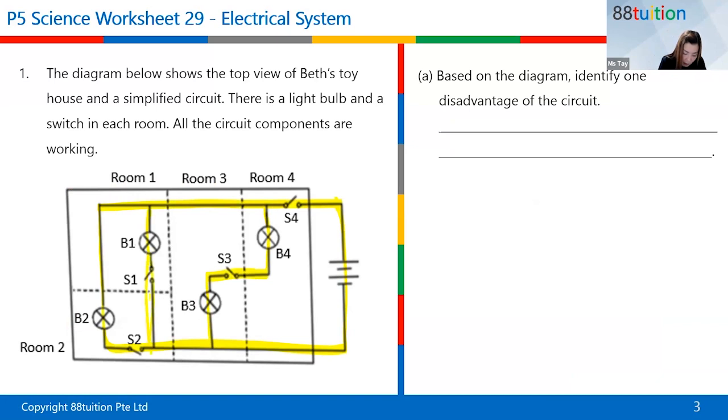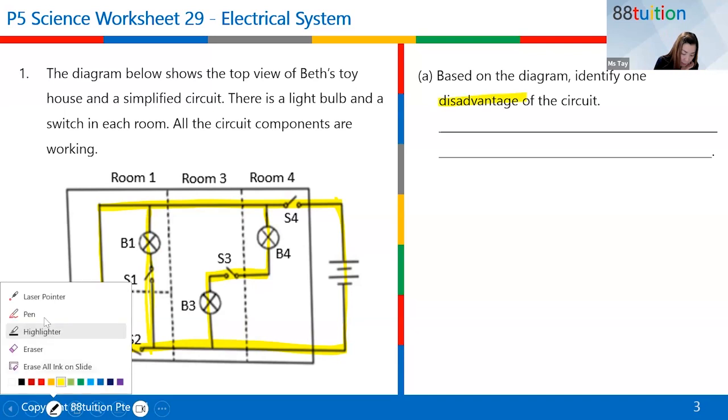The wires, the light bulbs, and the switches are connected in this manner. There are 4 rooms here. There will be 1 light bulb and 1 switch in each room. All the circuit components are working. That means what? They are functioning well, no faults in them. Electricity should be able to flow through. So based on the diagram, identify what is the disadvantage of the circuit.